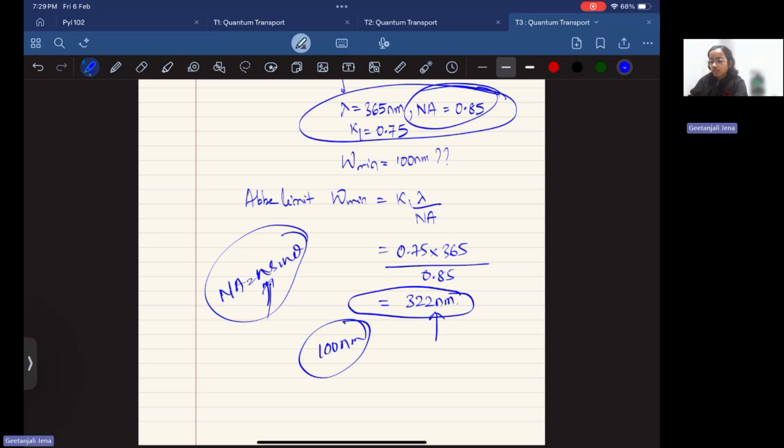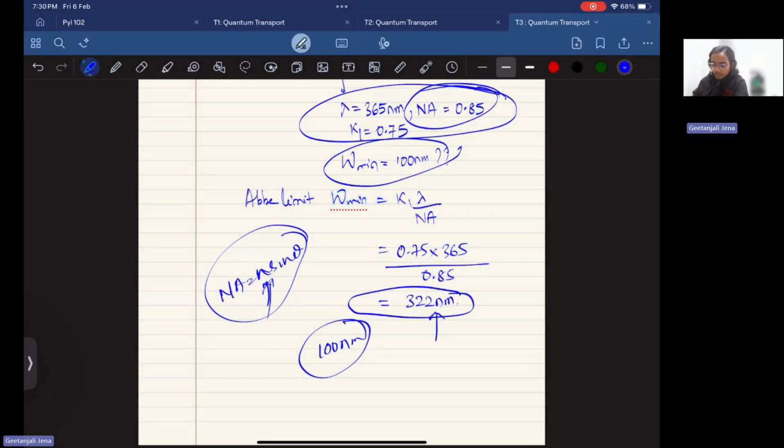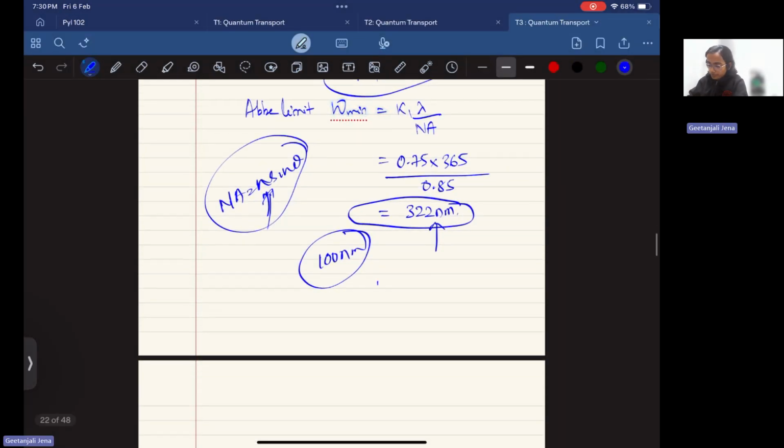This is one of the ways that you can do, or you can also change the wavelength. If you go to the deep UV wavelength or extreme UV wavelength, maybe it's possible to get a W minimum of 100 nanometer. So the answer is no, it's not possible.